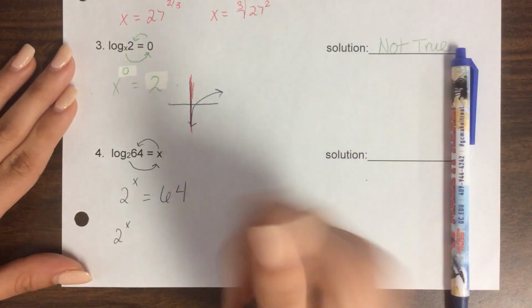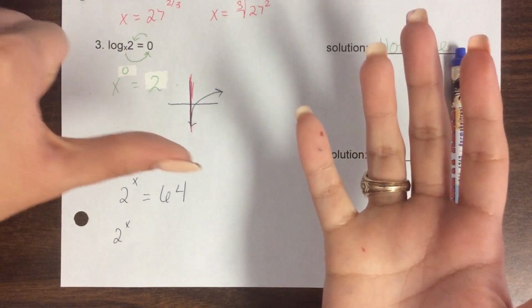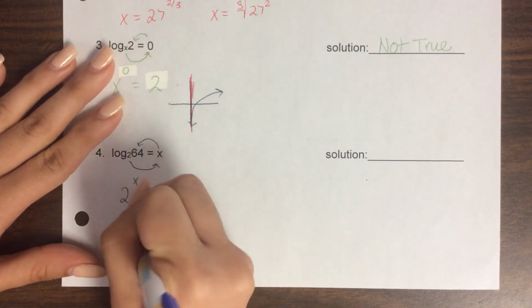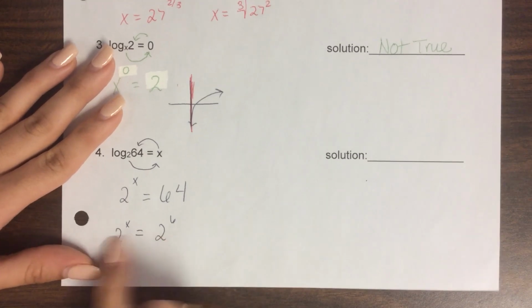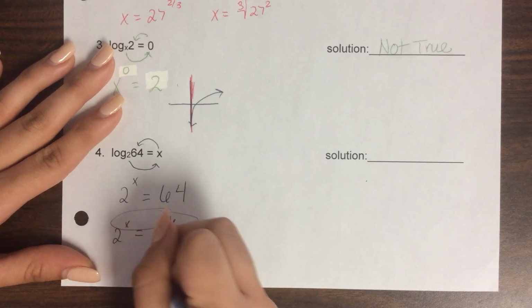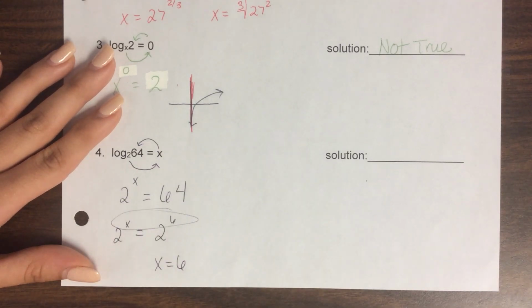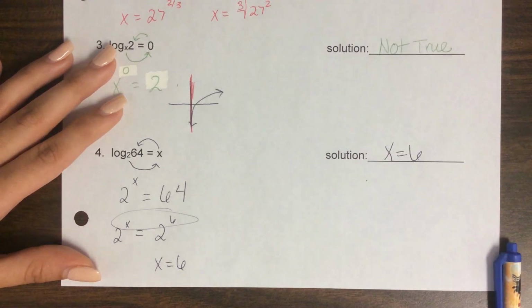So 2, 4, 8, 16, 32, 64. That is 6. 2 to the 6th power. Hey, they have the same bases. I'm going to go ahead and just look at my exponents. Bam. It tells me already x is equal to 6.